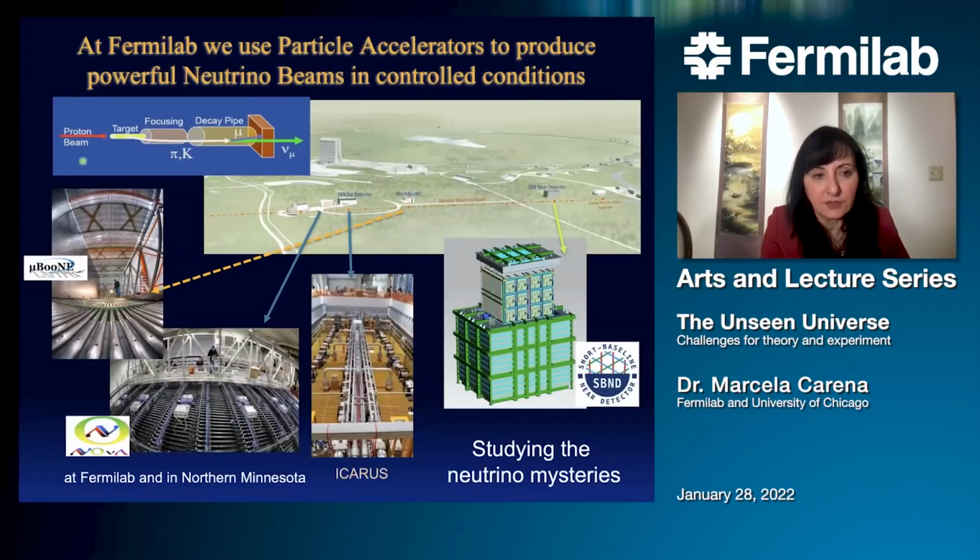Depending on the intensity of this proton beam, we could get different types of complex particles here. And then these particles decay into muons and neutrinos. In this particular case, for the neutrino beam, we stop the muons with this concrete wall there.